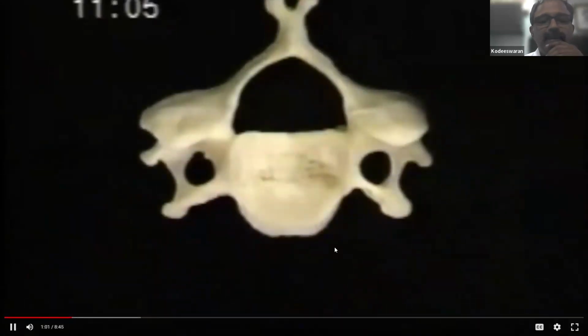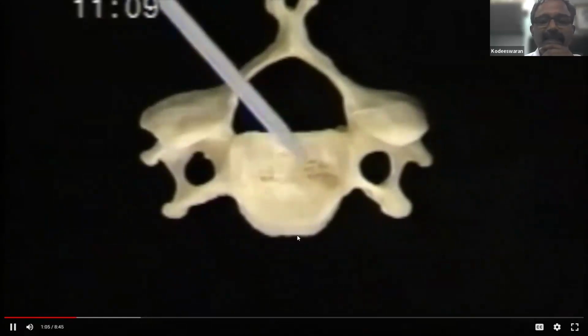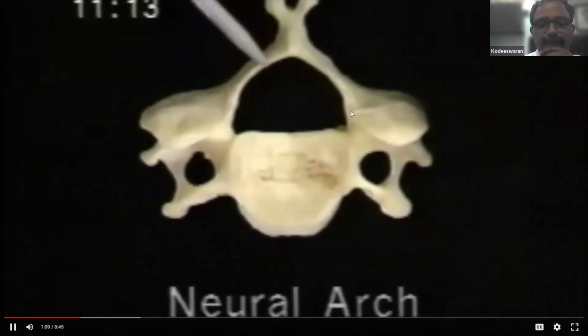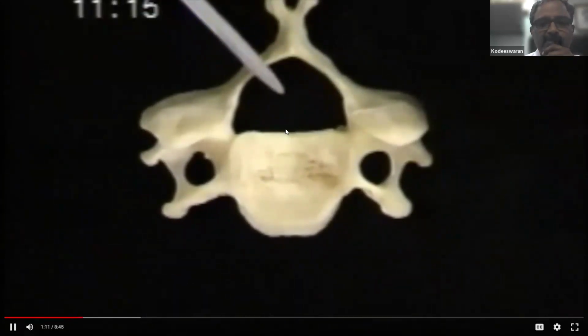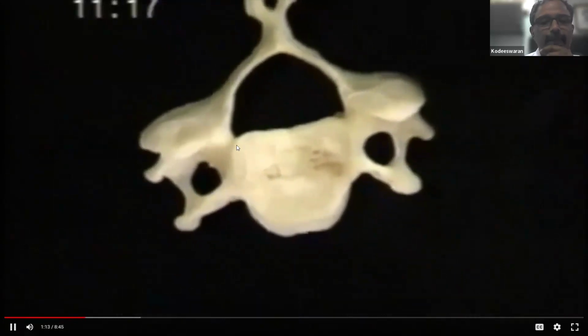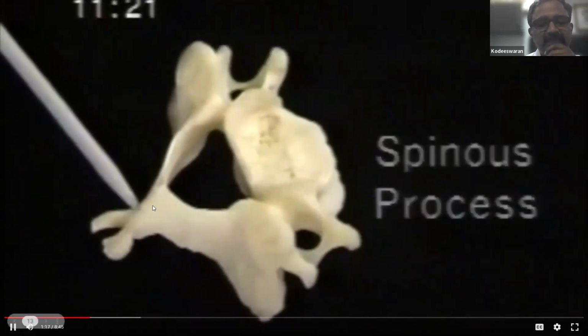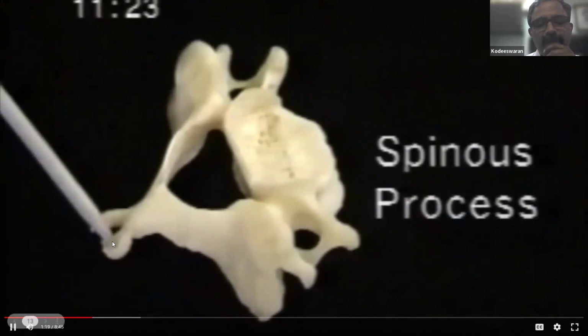Now this is the routine typical vertebra of the cervical region, which has a vertebral body, lamina, and the vertebral foramen. This is the spine, the bifid spine.